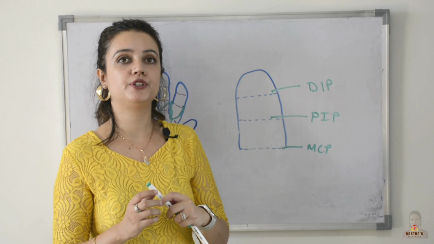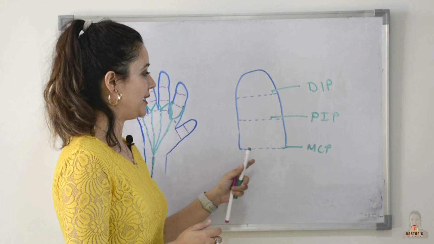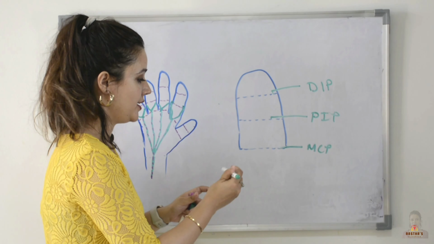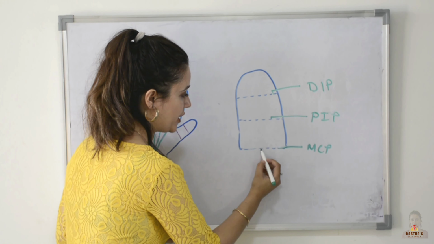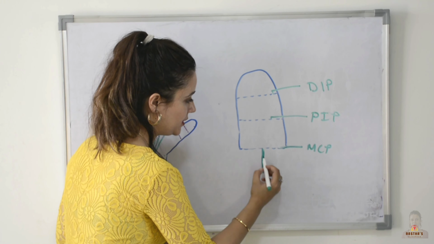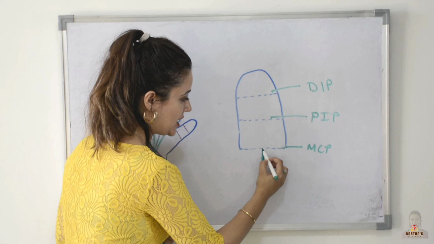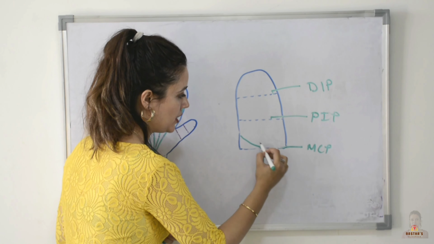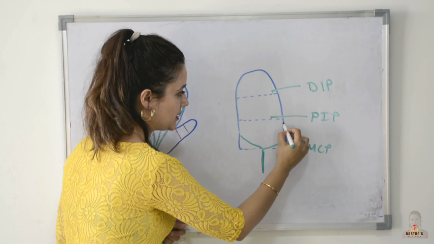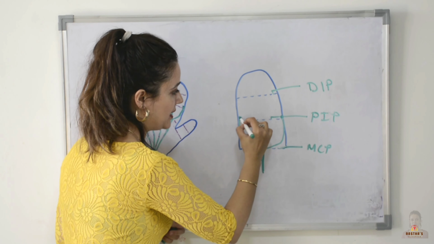Now what happens to the profundus tendon? Let me show you in a bigger diagram. I've made a diagram of only one finger. So till the MCP joint, the superficialis and profundus both came together. Here the superficialis tendon divided into two and got inserted in the base of the middle phalanx.